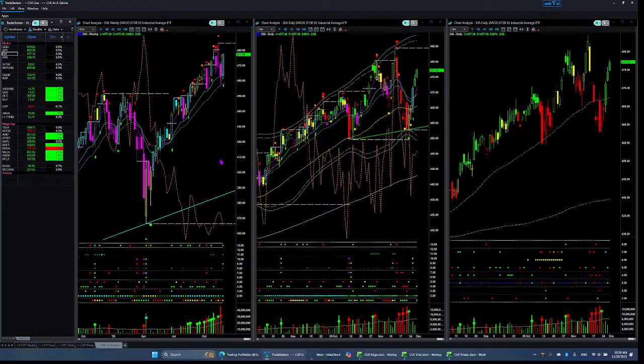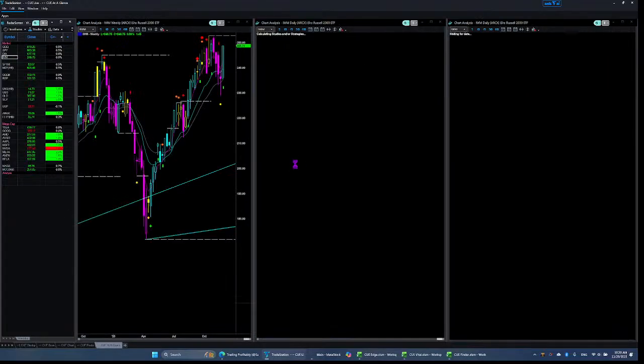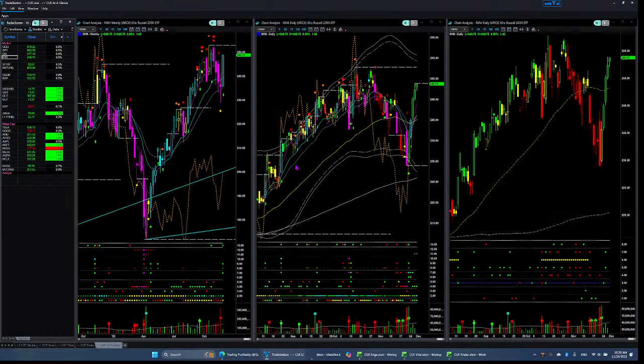What does it mean again? Not in an uptrend. Daily does not have higher high, higher low. And IWM, small cap, weekly again very bullish, daily is not in an uptrend. Why? Because it does not have higher high, higher low.